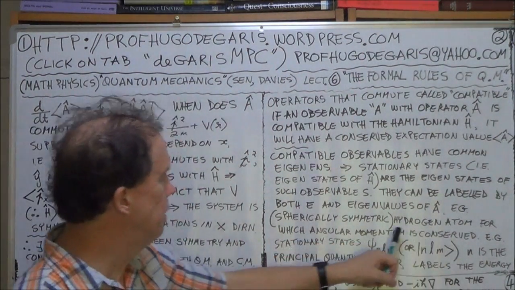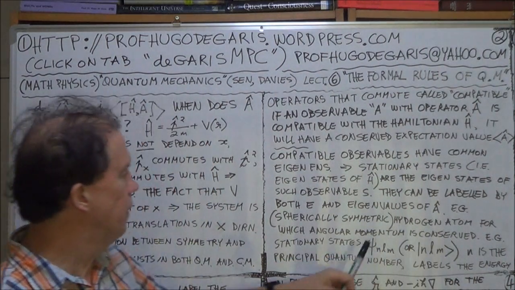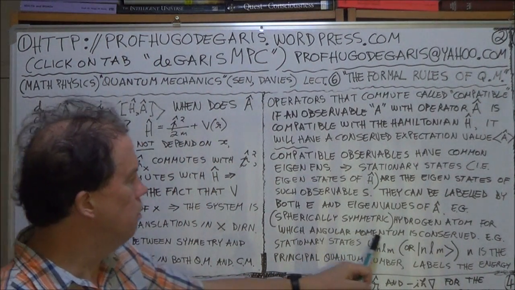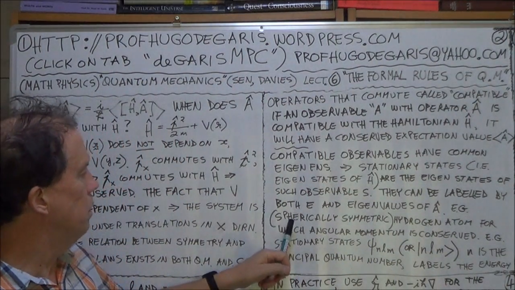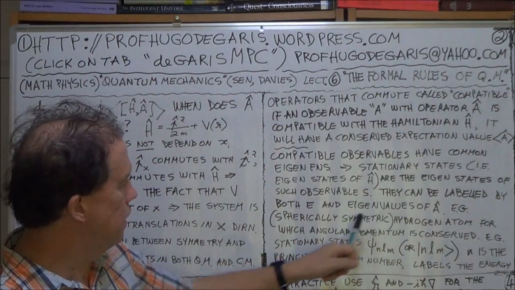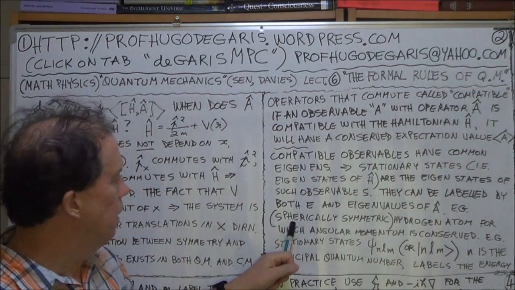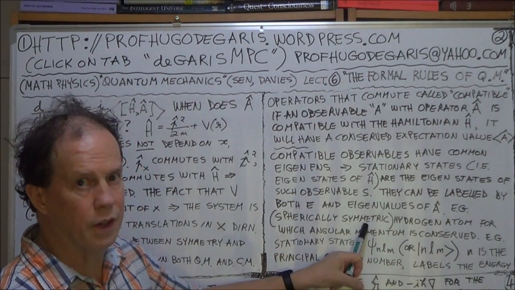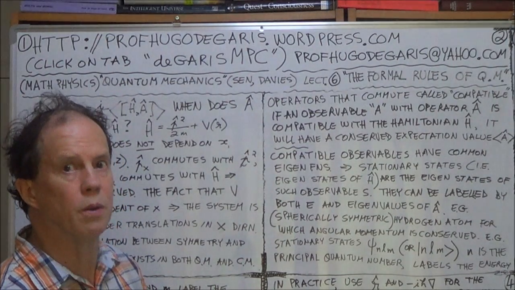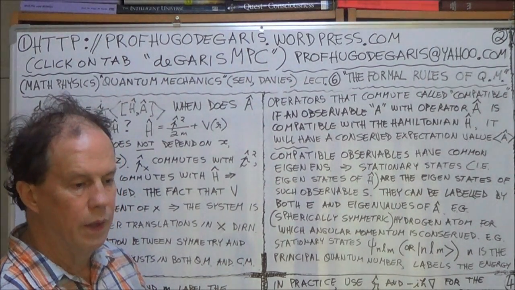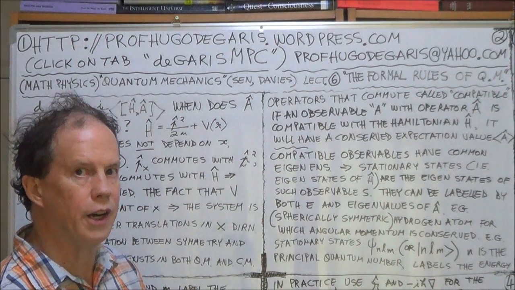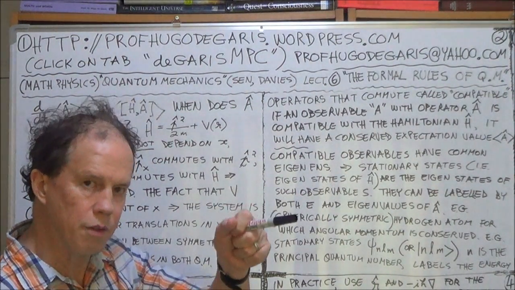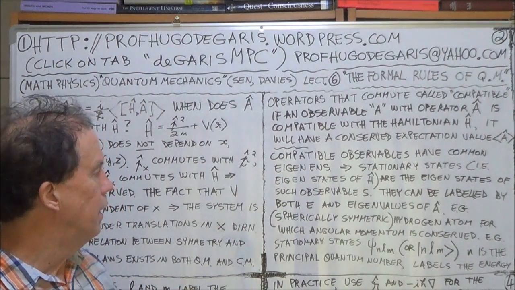So say for a hydrogen atom where the angular momentum is conserved. Now why would that be? Well, let's say you take a hydrogen atom that's spherically symmetric in terms of its potential. V is a function only of r, the distance from the nucleus to, let's say, the electron.